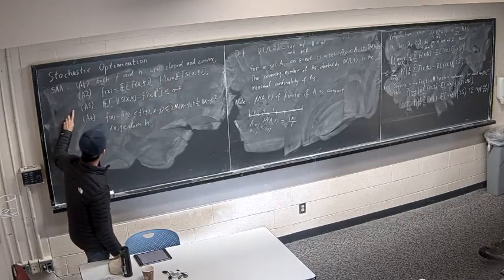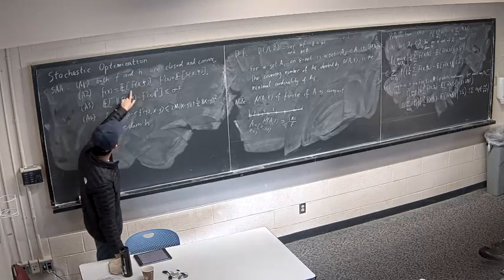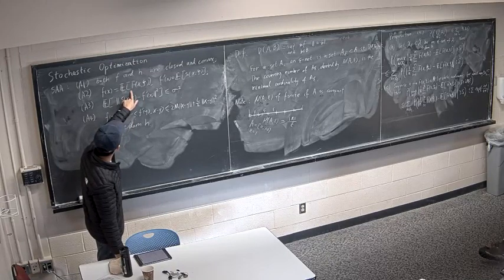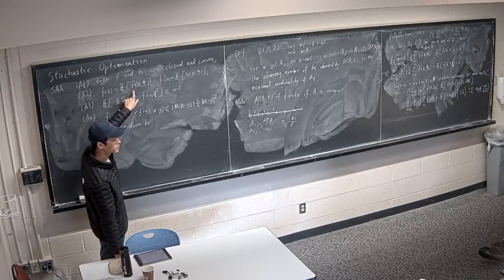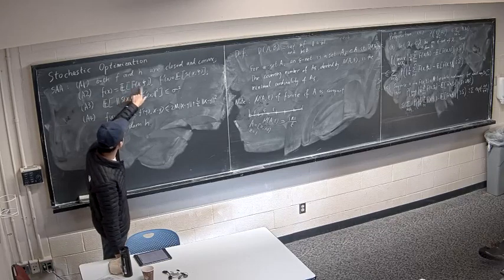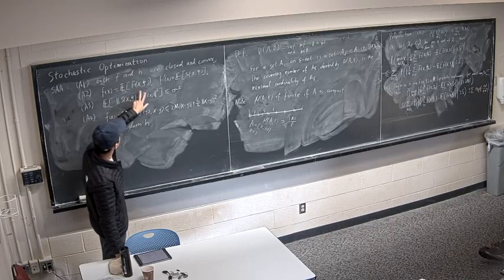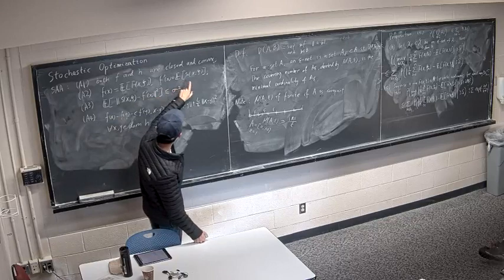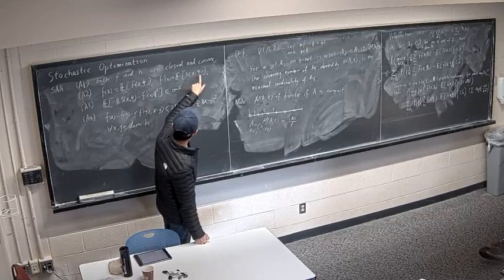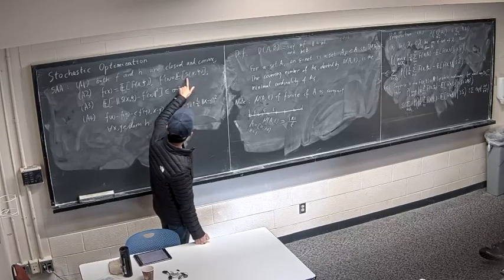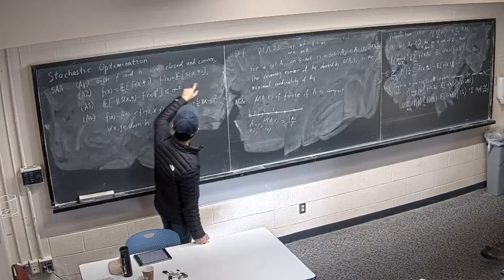And we assume there are two oracles. Given x and c, we have this stochastic function value oracle f of x, c, but in the algorithm we don't need it. And we also assume the availability of a stochastic subgradient oracle. Given x and c, we can evaluate the stochastic subgradient s of x, c.